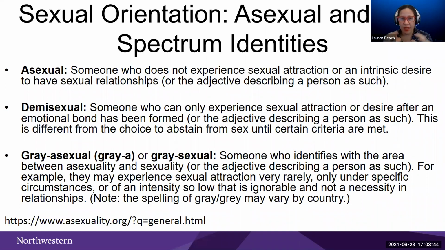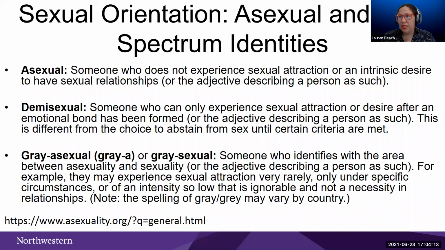Just like the Venn diagram about identity, behavior, attraction, and desire that we showed earlier, that applies to asexual people too. So you can be asexual, you don't experience sexual attraction, and you don't engage in sexual behavior. Or you can be asexual, you don't experience sexual attraction, but you do engage in sexual behavior, and you do experience sexual desire. There's a lot of different permutations under the asexual experience and identity umbrella.